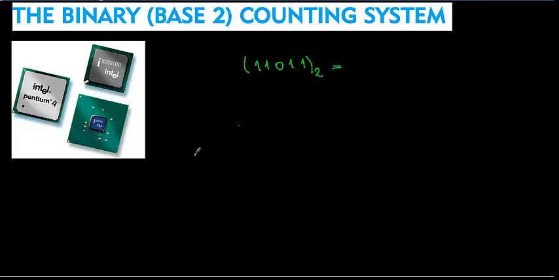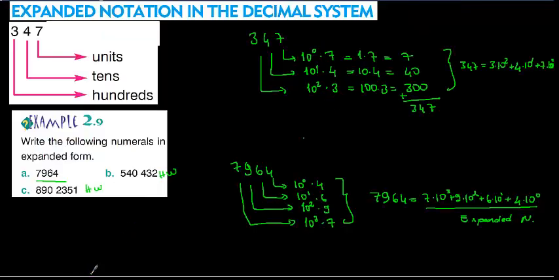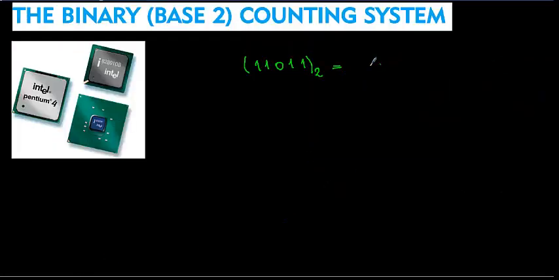Like in the previous one, in the decimal system, when the number is given here I understand this is the decimal system. Normally I have to mention this is base 10, and that's why all the numbers are multiplied by 10 to the power of something. Here this is in base 2, all the numbers must be multiplied by 2 to the power of something.